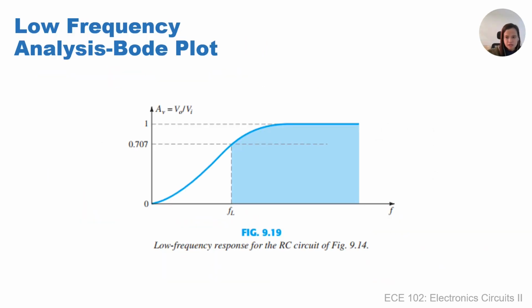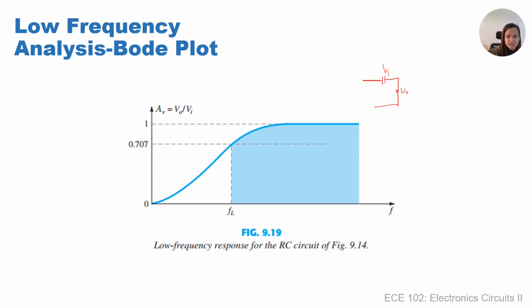Now we'll see this on the diagram. We have the low frequency response for an RC circuit previously shown in figure 9.14. Here we have a circuit with the capacitor, then the resistor, then V out, and V in.